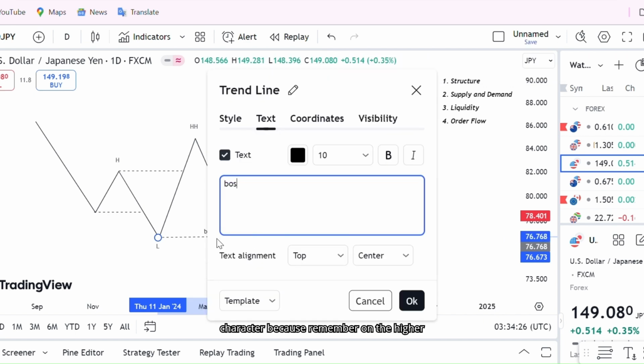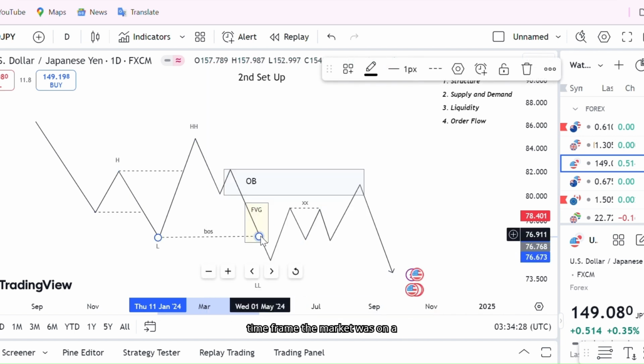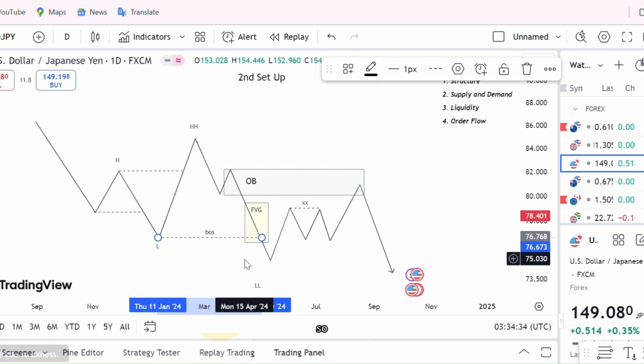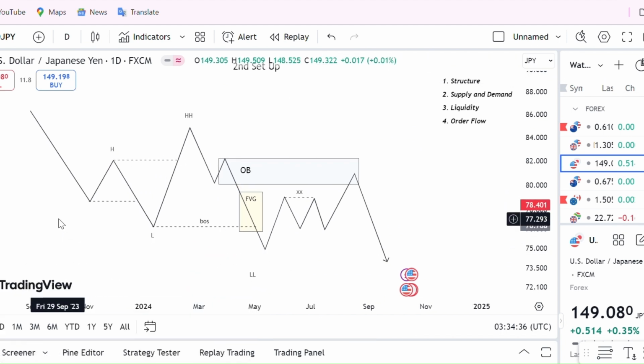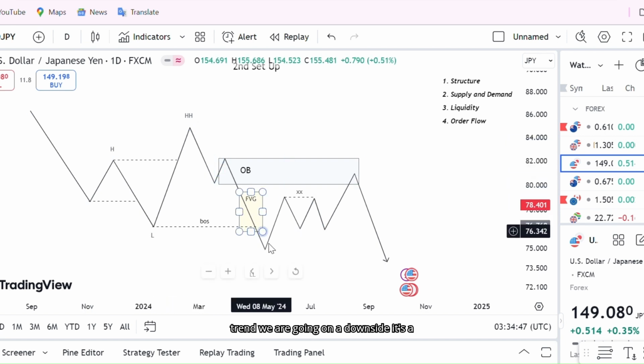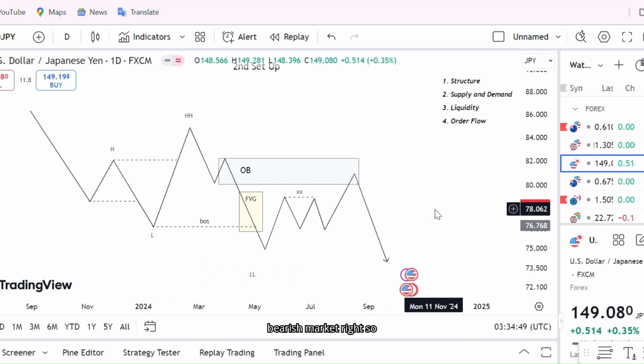It's not a change of character, because remember on the higher time frame the market was on a downside direction. So it's more important to trade with the trend, right? The whole trend is a downward trend. We are going on a downside. It's a bearish market, right?